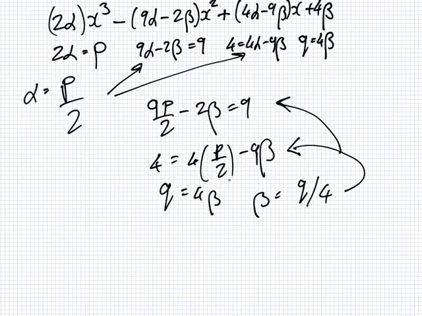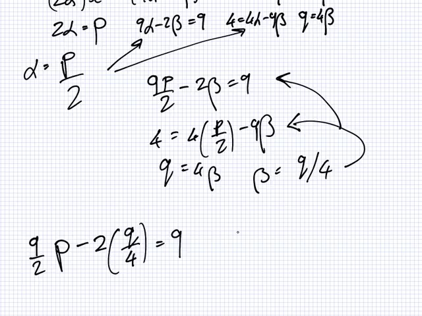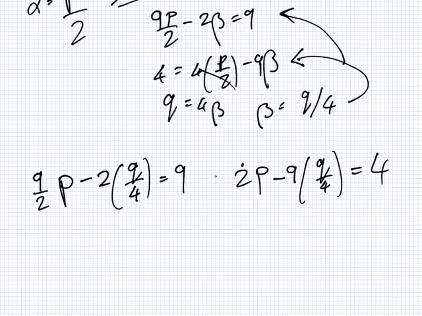Yeah. So I get 9 over 2p minus 2 beta, which is Q over 4, equals 9. And then, let me just simplify this. So that's 2p minus 9q over 4 equals 4 for this one. Let's clean that up a little bit.